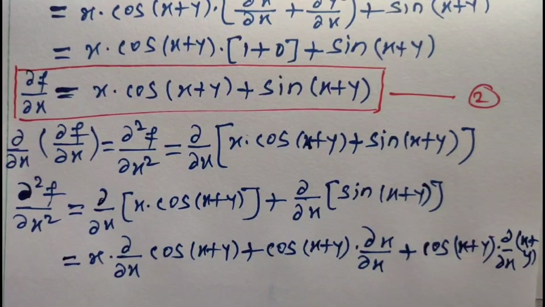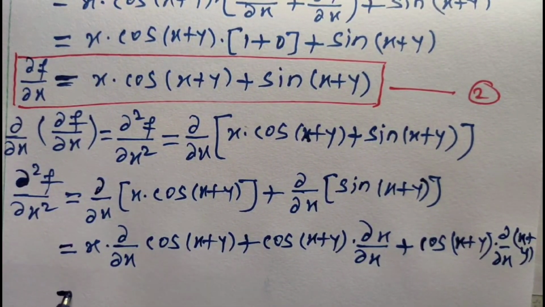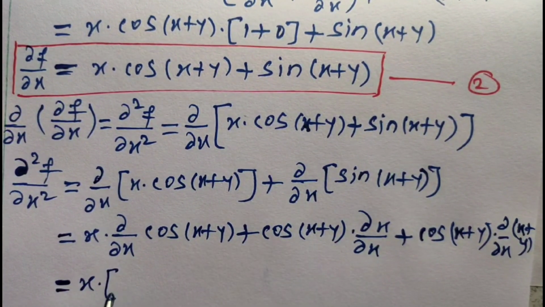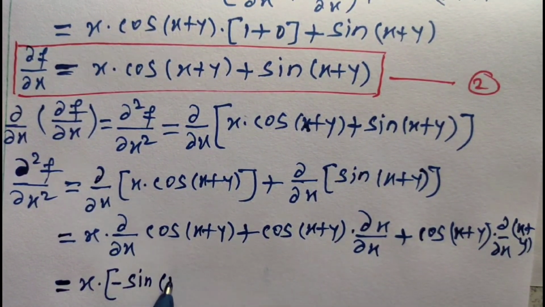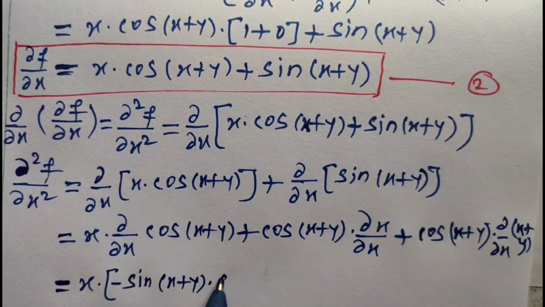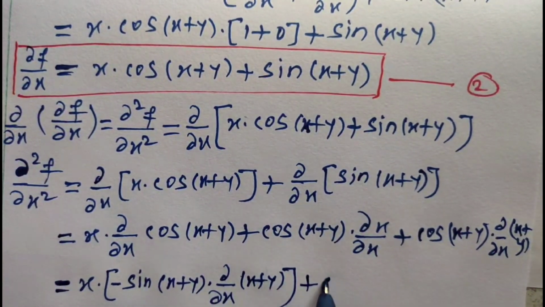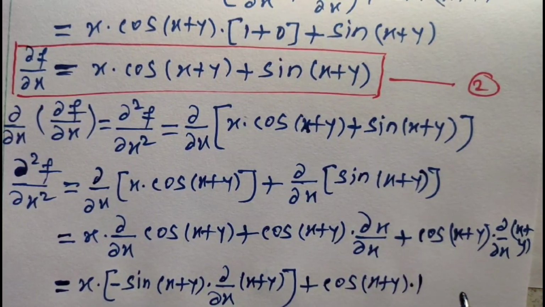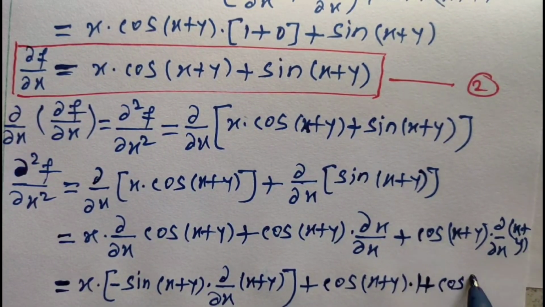Now simplify. This is equal to x into partial derivative of cosine function, which is minus sine of x plus y, into partial derivative with respect to x of x plus y, plus cos of x plus y, and derivative of x with respect to x is 1, plus cos of x plus y.